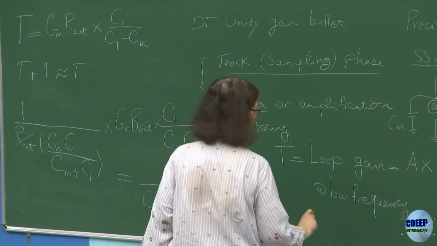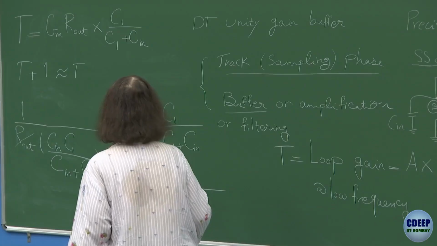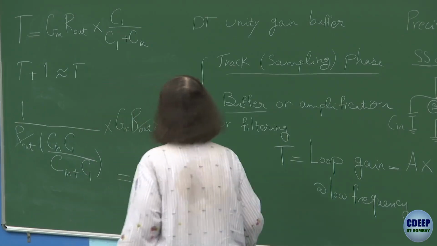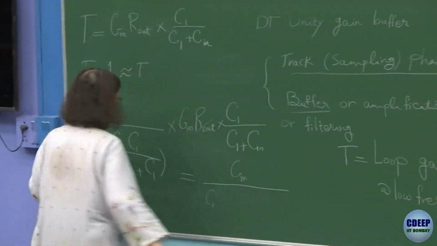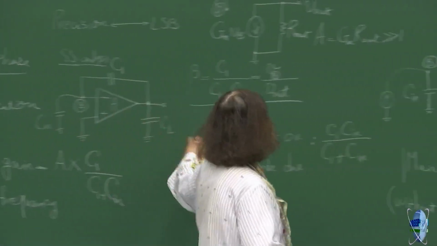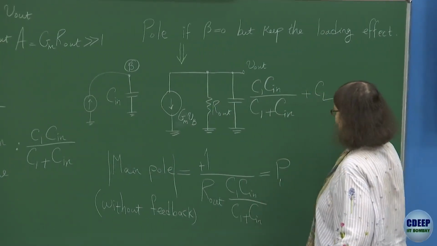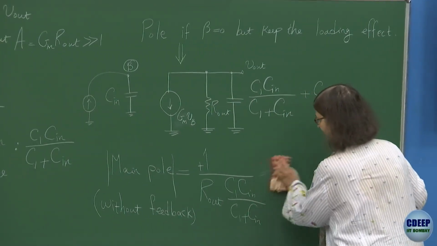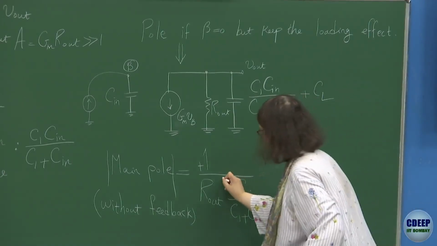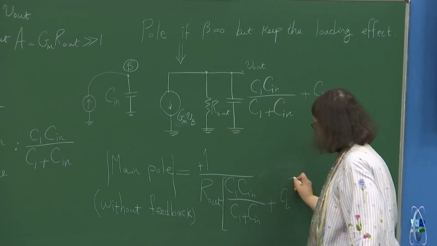Did I miss anything? I missed the feedback. No, it's here. R out. Oh, I missed CL. See, you didn't tell me. See, something is missing. Okay, anyway, it doesn't matter. This is just CL. And then here we will have this term plus CL.